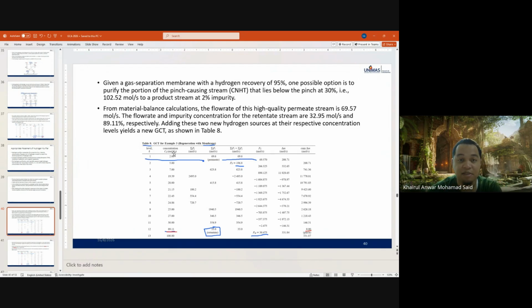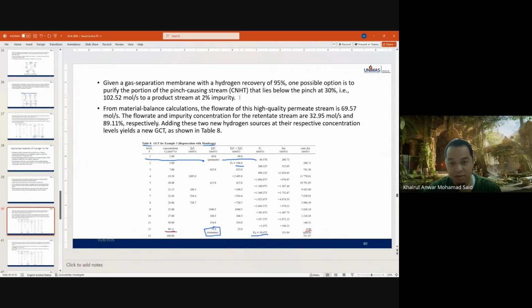So given a gas separation membrane with the hydrogen recovery of 95%, which is high, the solution is to purify the portion of pinch crossing stream CNHT that lies below the pinch. We need to purify 102.552, referred to in table 7, to the product stream at 2% impurities.